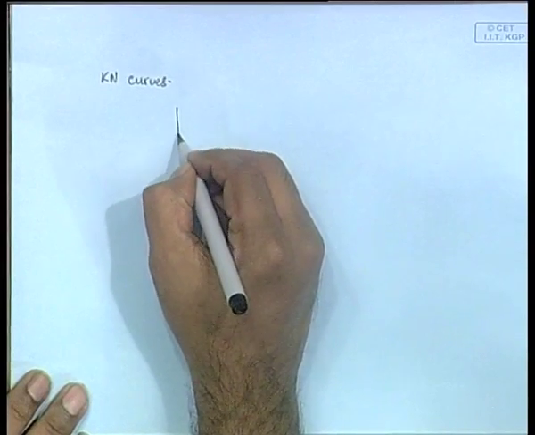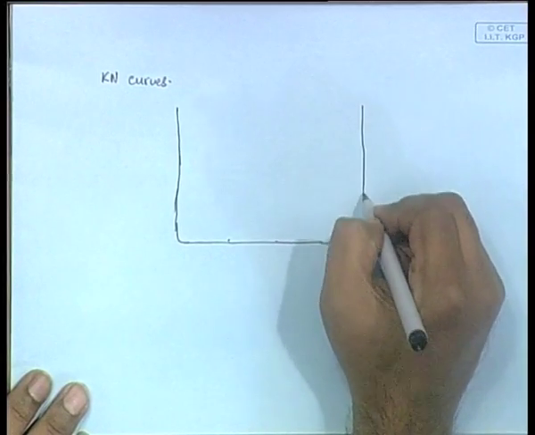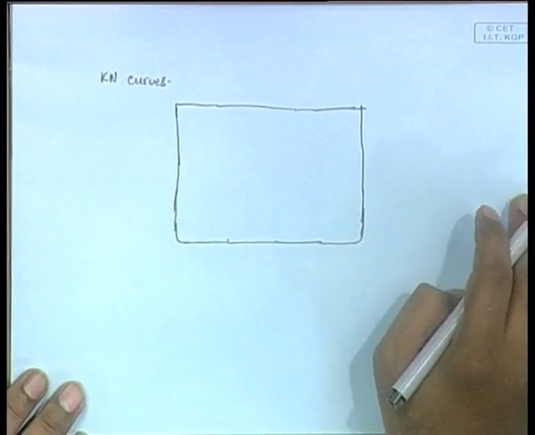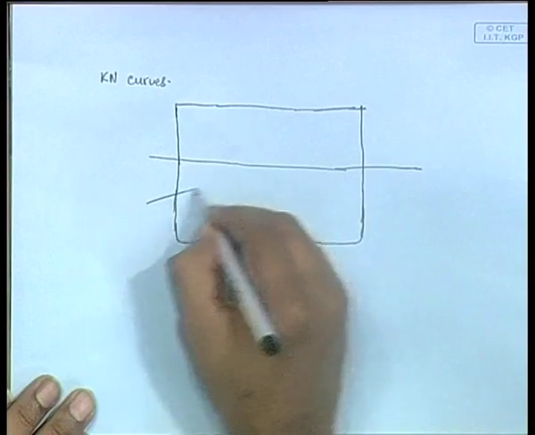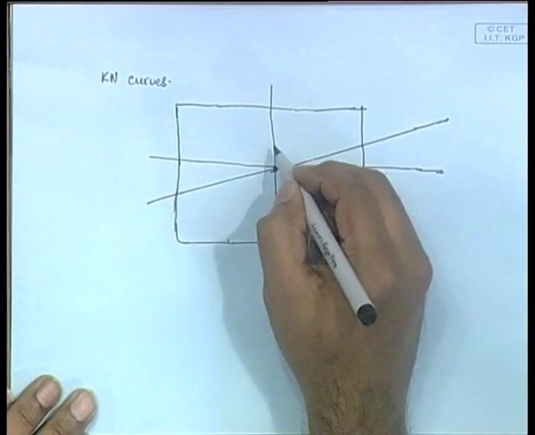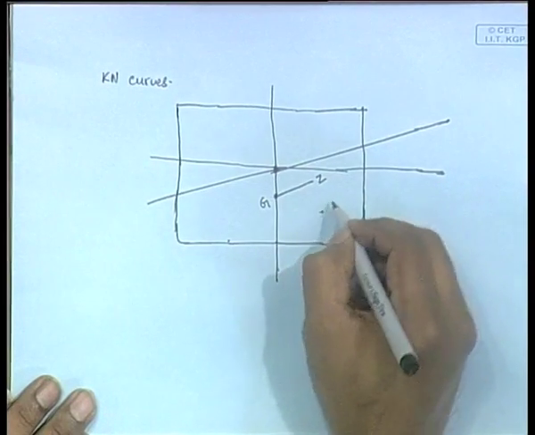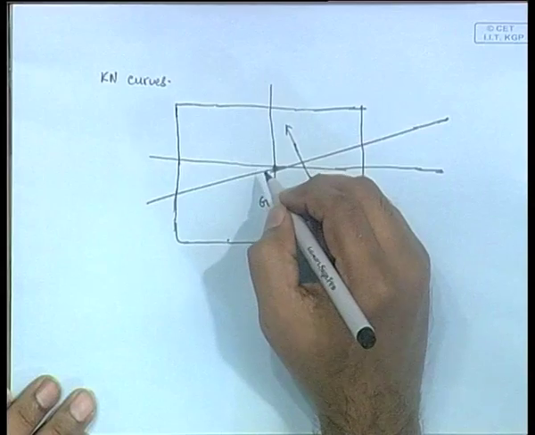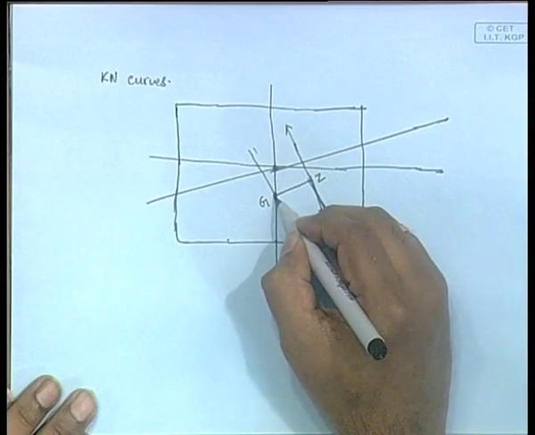So, consider this ship. These are two parallel lines, and GZ is perpendicular to that line.